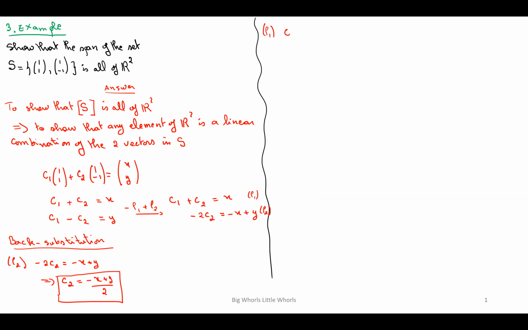In row 1 we have C1 plus C2 equals x. That means C1 is equal to x minus C2, which is x minus (minus x plus y) over 2.